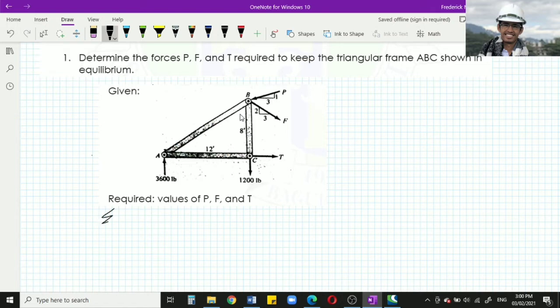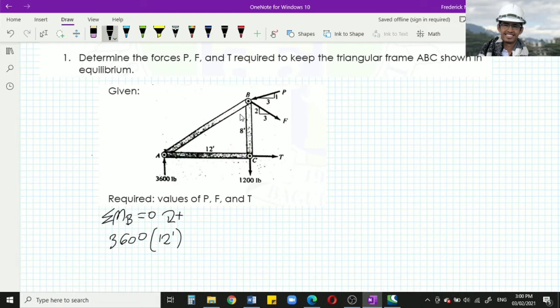So, summation moment at point B is equal to 0. So, ano yung may moment natin will be yung 3,600. So, clockwise positive. So, 3,600 times yung moment arm niya, that will be 12 feet.